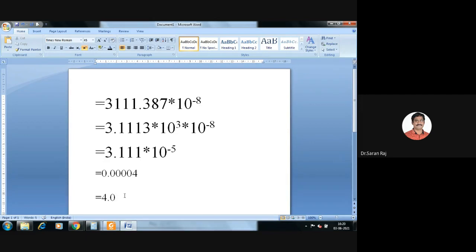So how to change this one: the point should be adjusted. Which side do we want 4.0? The point moves to the right hand side. So this is the point.